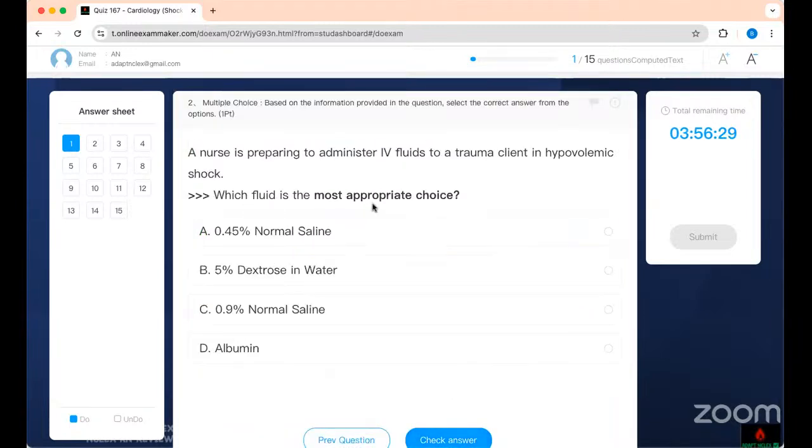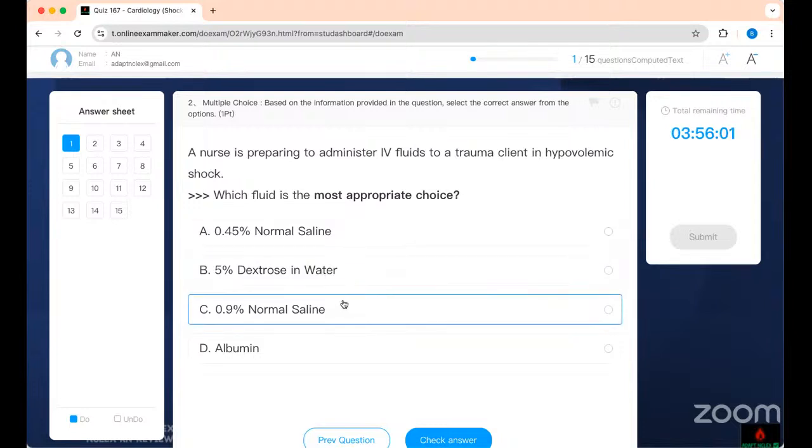Same thing. Which fluid is the most appropriate choice? This is preparing to administer IV fluid to a trauma patient in hypovolemic shock. If you're in shock, we've got to resuscitate you. If we have to resuscitate you, I've got to pick a fluid that will stay in the intravascular system, equivalent to your plasma. That is what you use. You use a fluid that is equivalent to your plasma to resuscitate the patient.